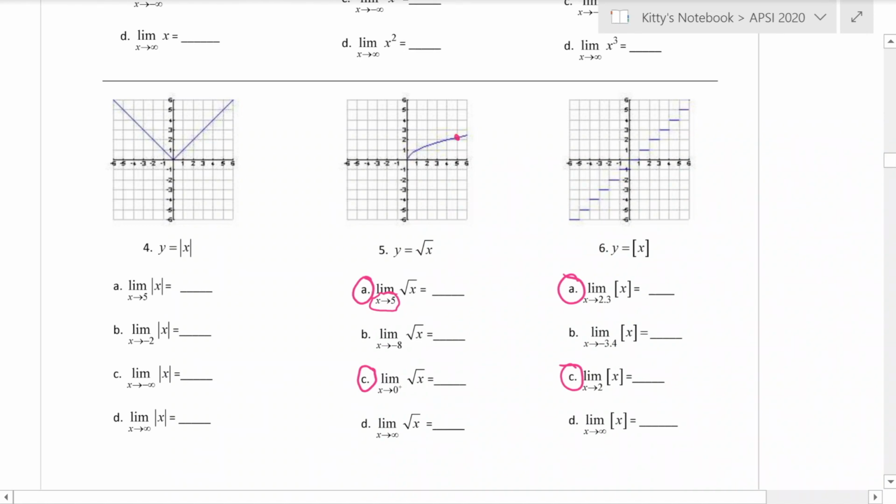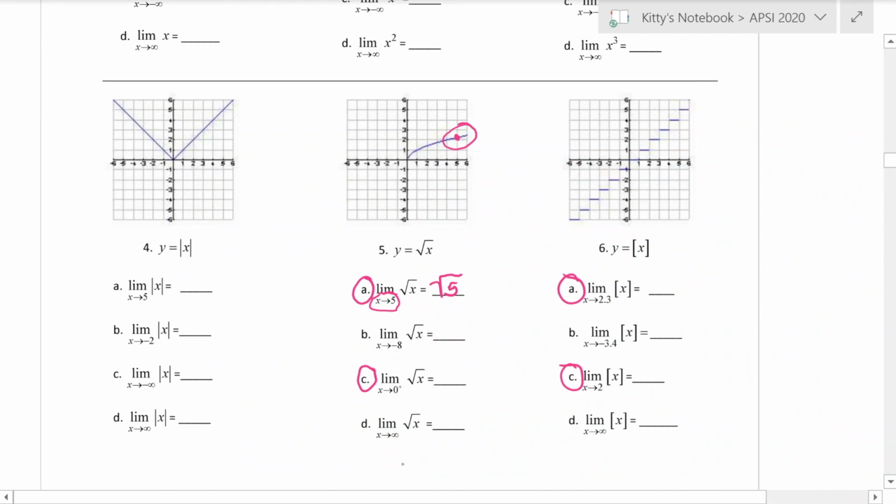It's right there, a little over 2, which would make sense because the square root of 4 is 2, so the square root of 5 would be a little over 2. I don't know what that is, so I'm just going to write the square root of 5. If you evaluate this function, which is nice and smooth right there, then that should be the answer. So I'm just going to plug in 5, and there it is.